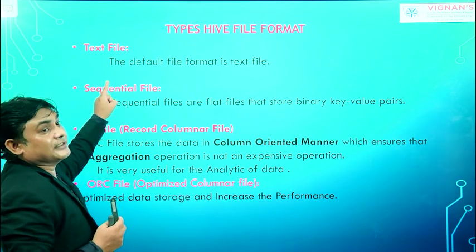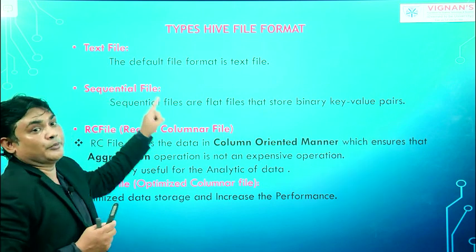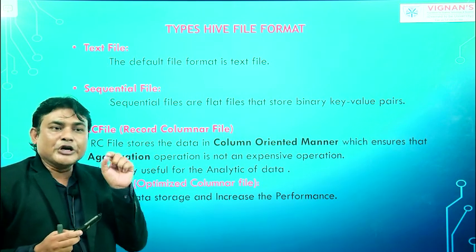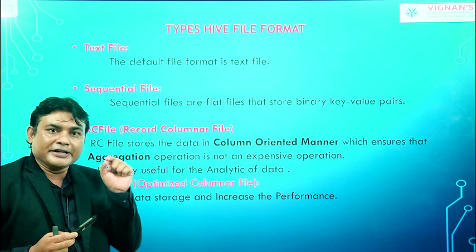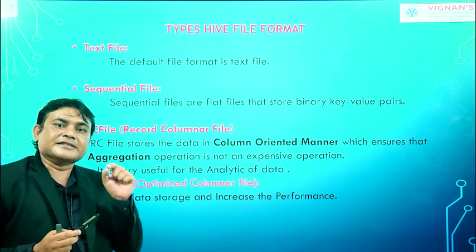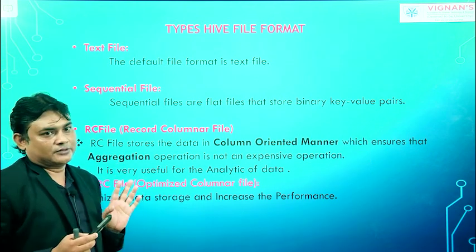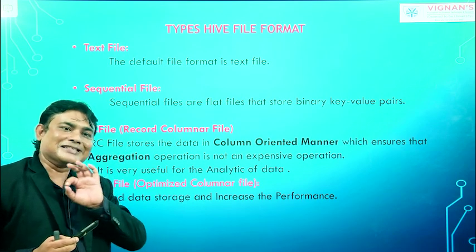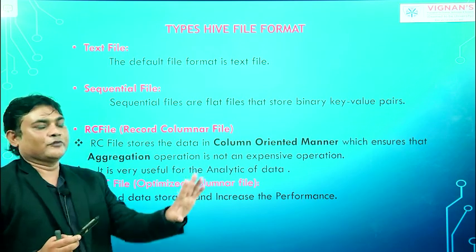So here, which is the default file format in Hive? Text file is the default file format in Hive. If you do not specify the file format, Hive takes text file as the default.